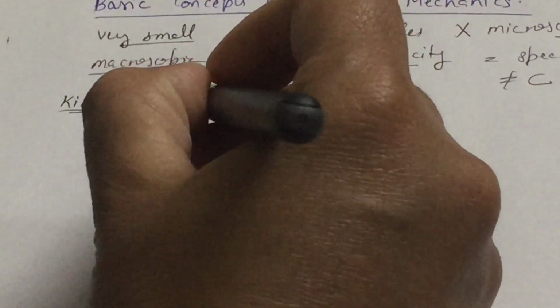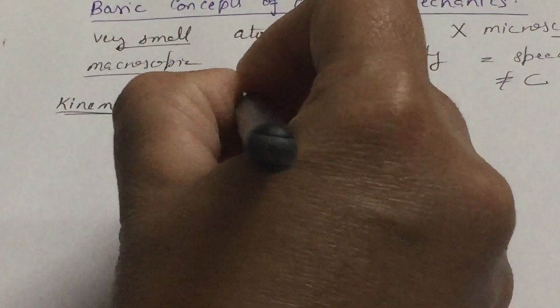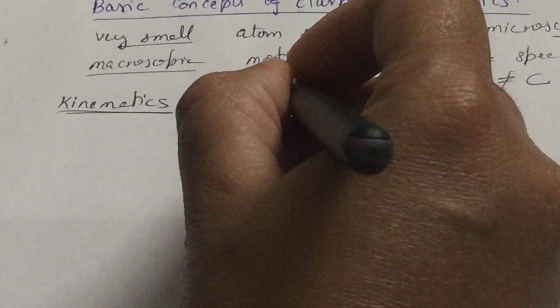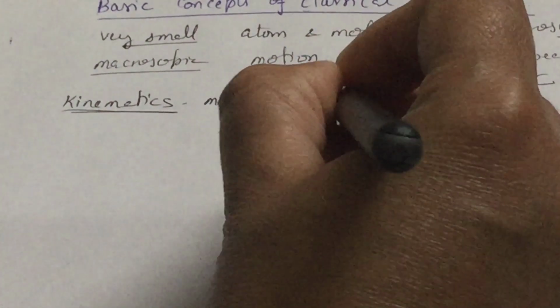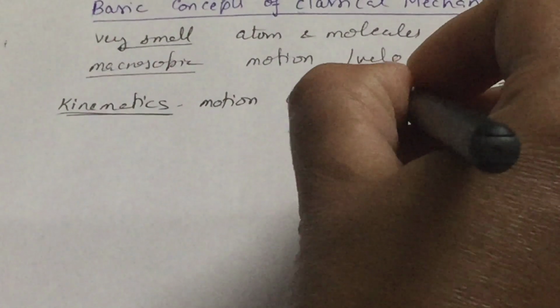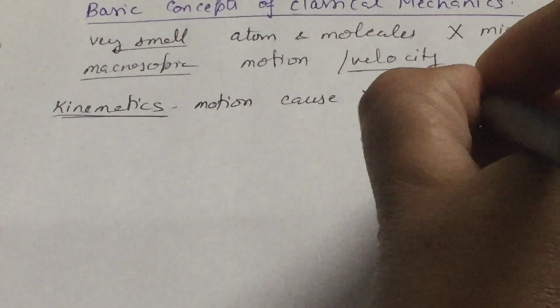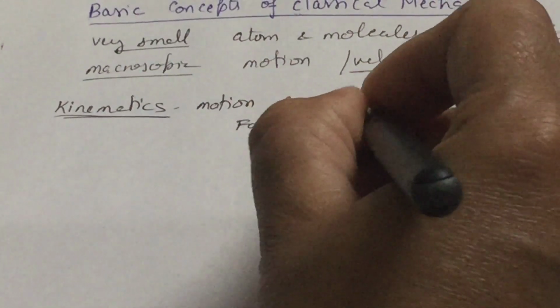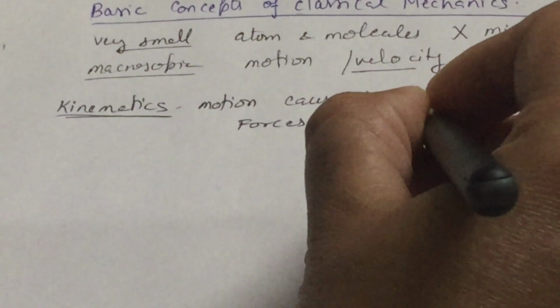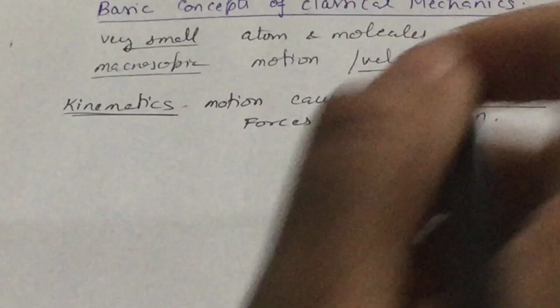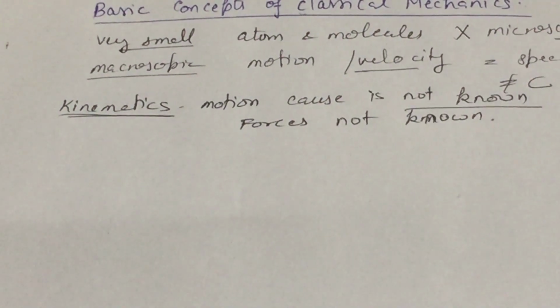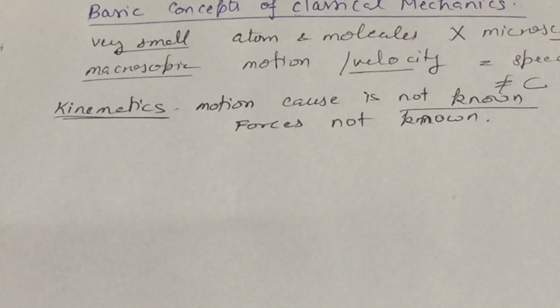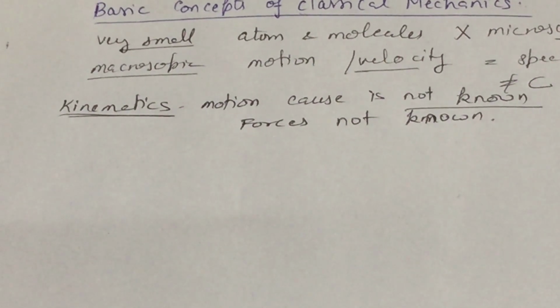We only say that the particle is moving with velocity v, having an acceleration a, but the cause of the motion is not known in case of kinematics.